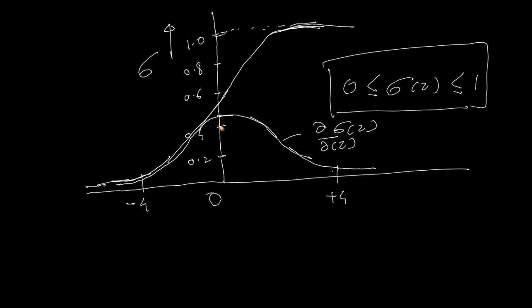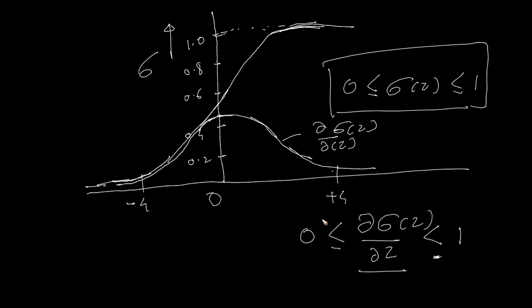The shape of this derivative is a bell-shaped curve, right? The important point is that the derivative of sigma is between 0 and 1. So if I write, 0 is less than or equal to the derivative of sigma with respect to z, which is strictly less than 1. The derivative of sigma varies between 0 and 1, and is strictly less than 1.